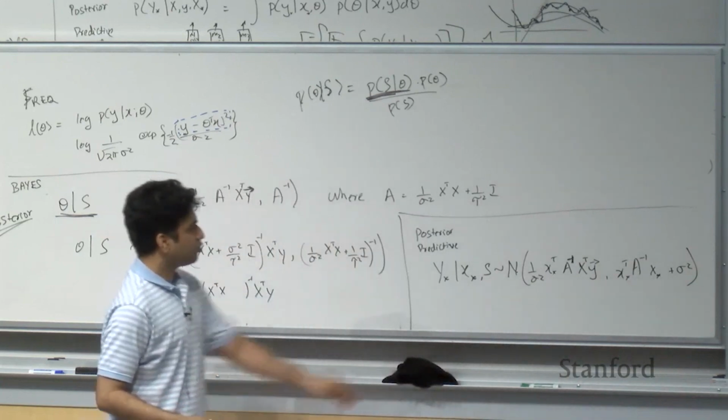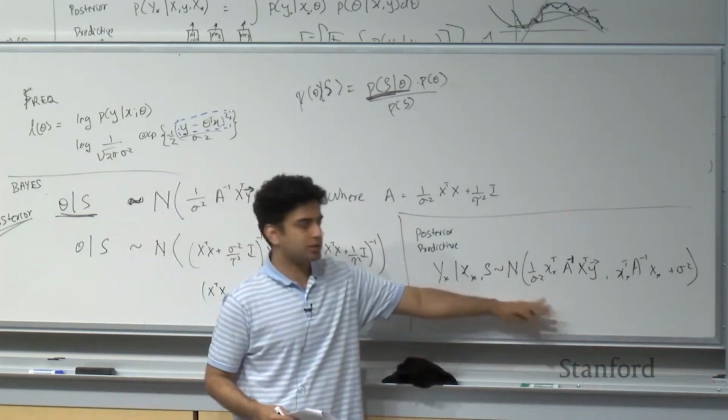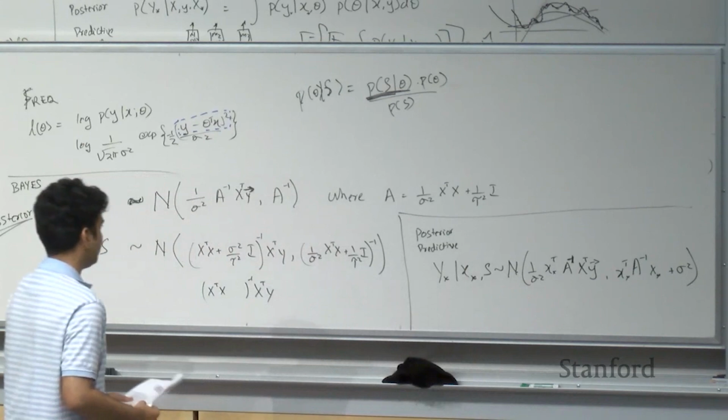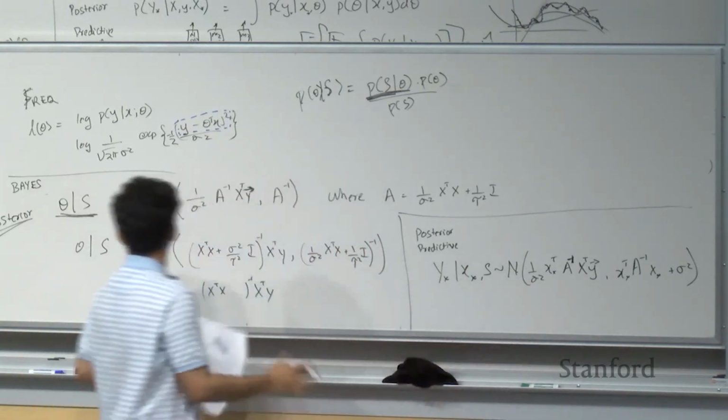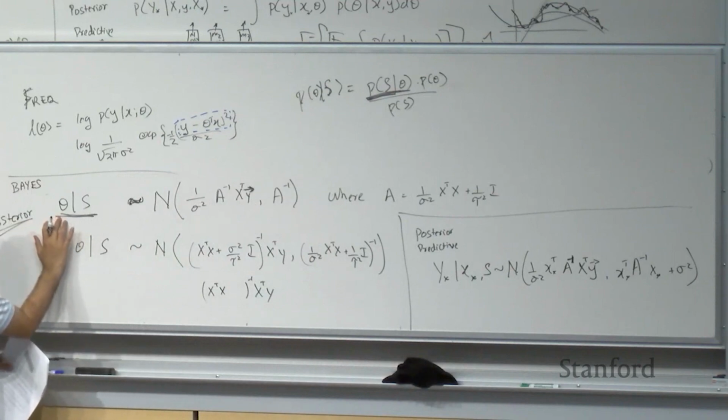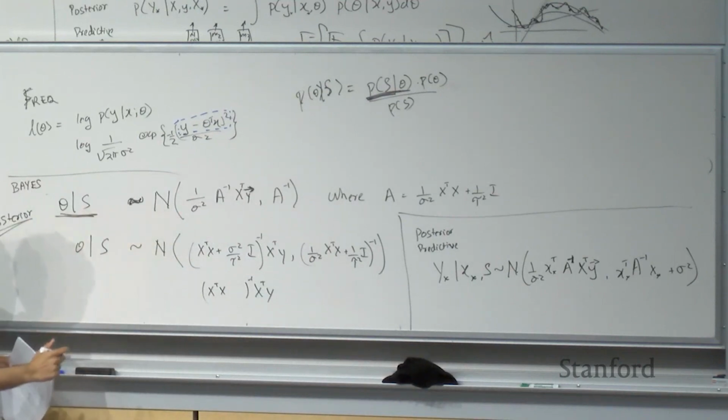Right? Again, this looks a little cryptic, but we can still kind of break it down and make sense of it. What's happening here is we had a distribution for theta, which was some normal distribution.